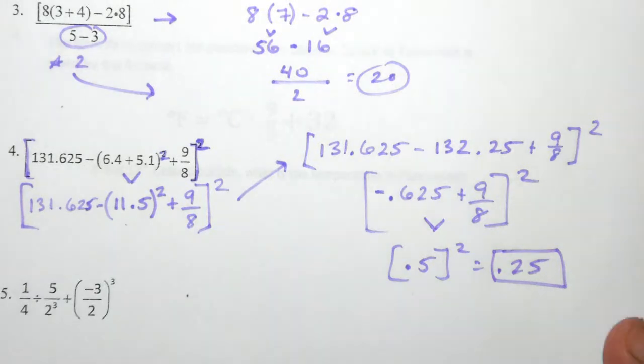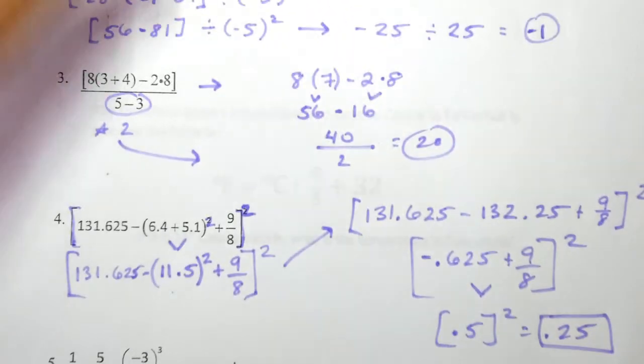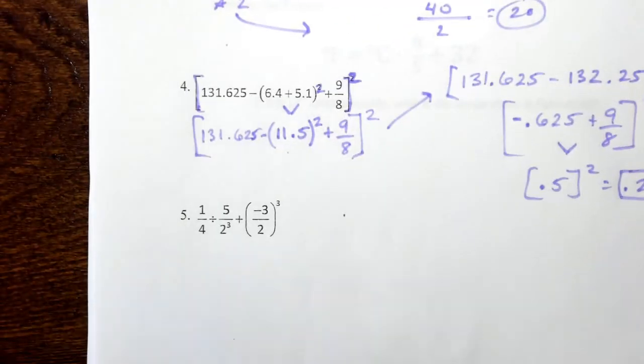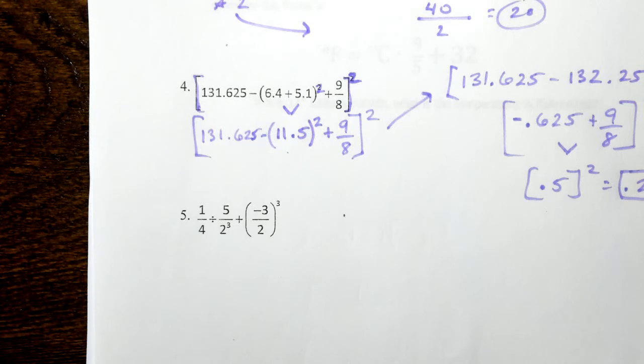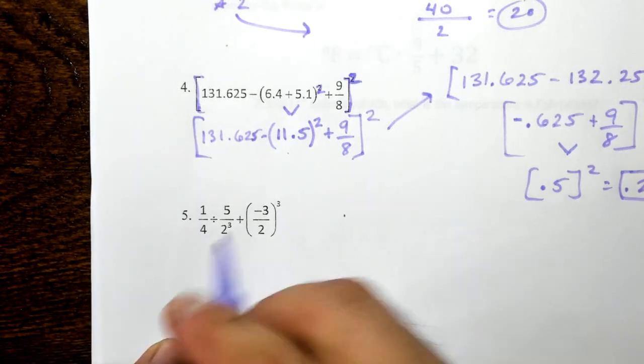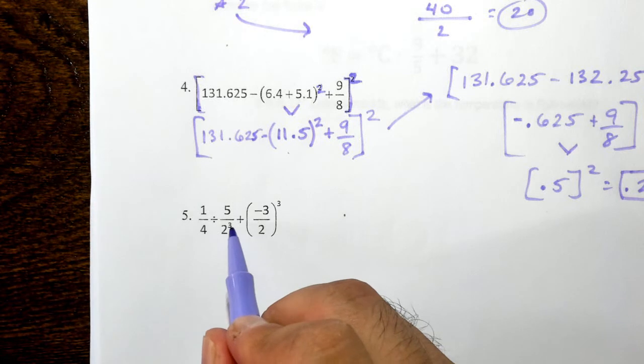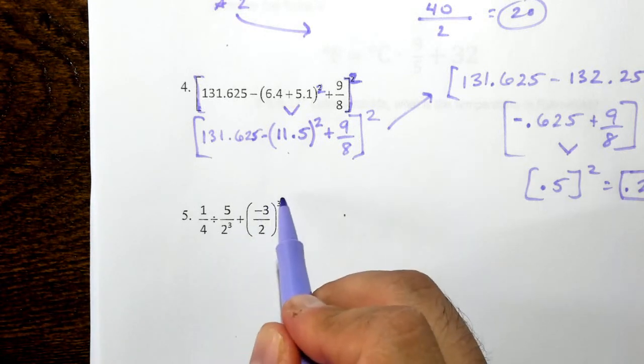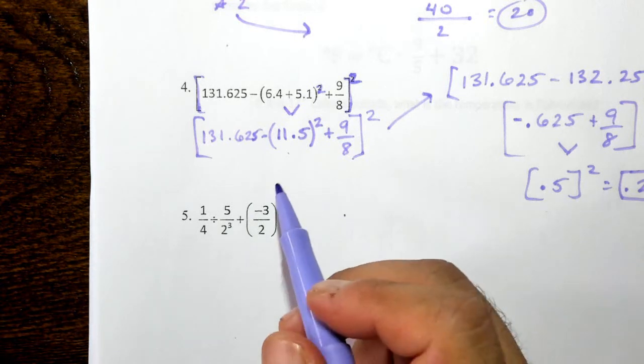And then this last problem down here, let me just get this angled better. Okay, so fractions are actually pretty easy. I know this looks a little crazy looking, but what I'm going to do is evaluate these exponents first. Actually, that's what has to happen anyway. Right, so here we go.